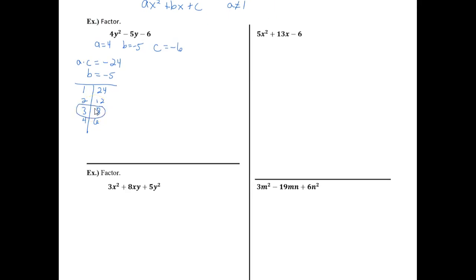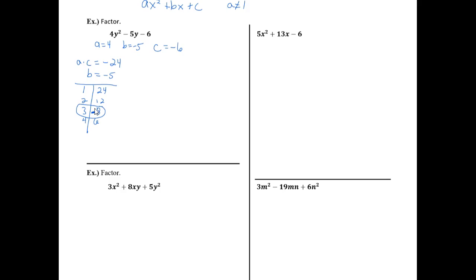But I need it to multiply to a -24. So one of these two factors has to be negative and add to a -5. So I need the bigger number to be negative, because when I multiply, I'll get a -24, and then a -8 and a +3 will give me -5 when I add them.